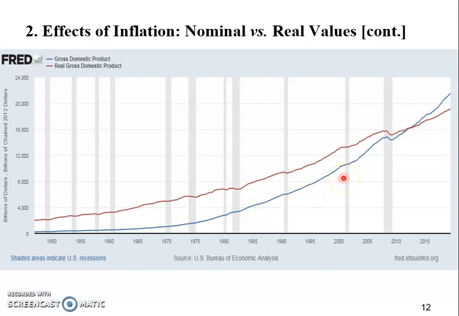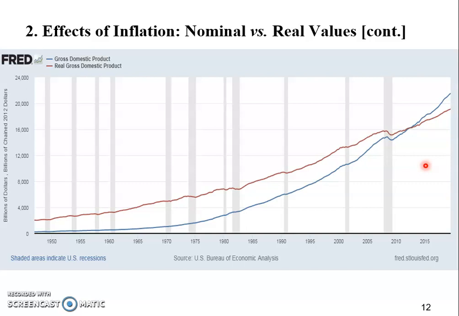Sometimes when we say nominal variables, we do not explicitly say it's nominal; we're assuming it is nominal. Now, the red one is real, so here you can find this R word. We want to emphasize that this is after the inflation adjustment. Of course, the gap in between represents the impact of inflation.